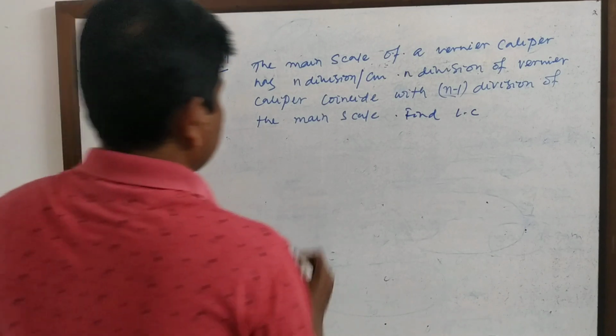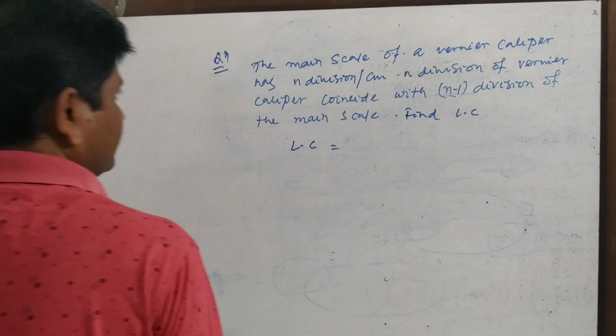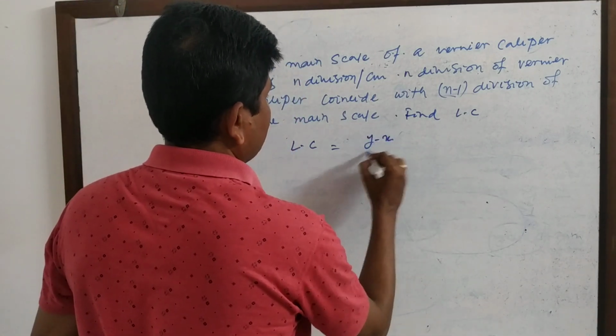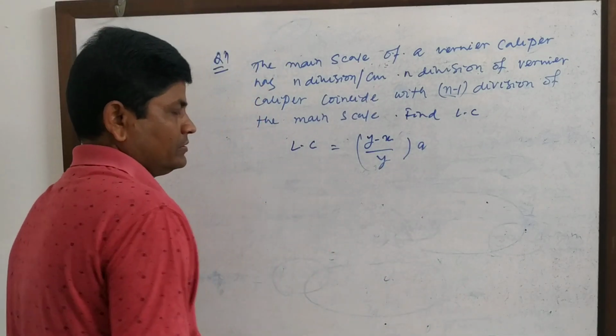We know the least count is equal to (y minus x) by y into a.